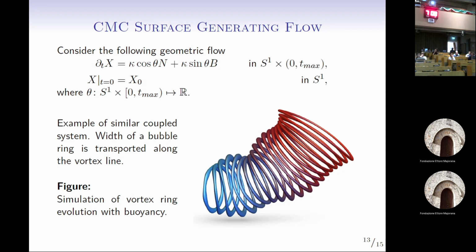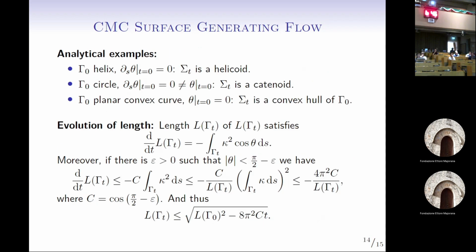So it's in this way similar to this theta parameter. In both cases, there is a double coupling between the geometry of the curve and this parameter. So that's one of the reasons why I'm looking at this.